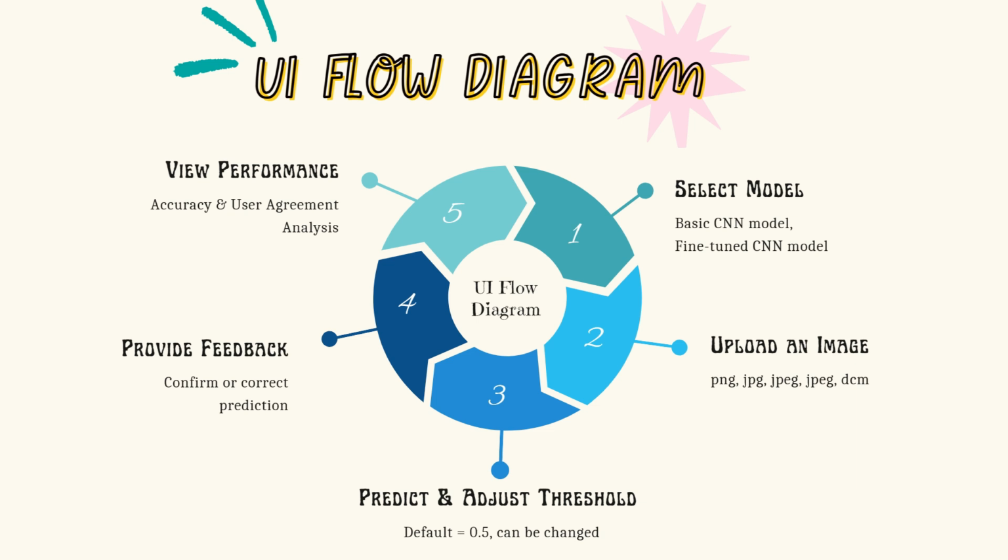Users can add feedback to help improve the system over time. Step 5, View performance. All predictions can be downloaded as CSV and users can view model-wise performance comparison side by side. This flow makes the system both simple for end users and powerful for researchers.